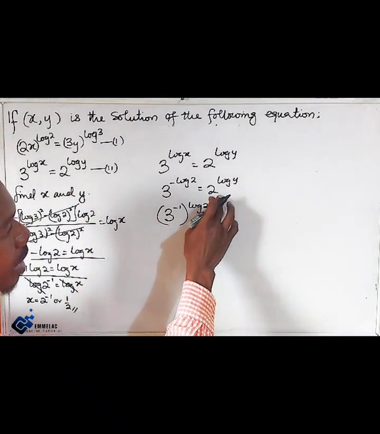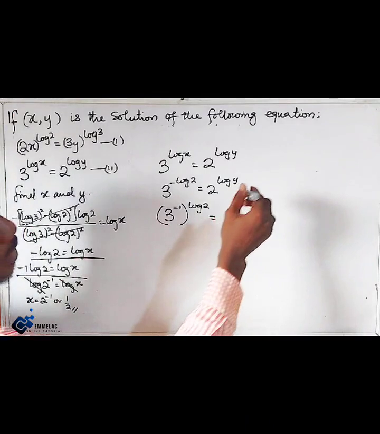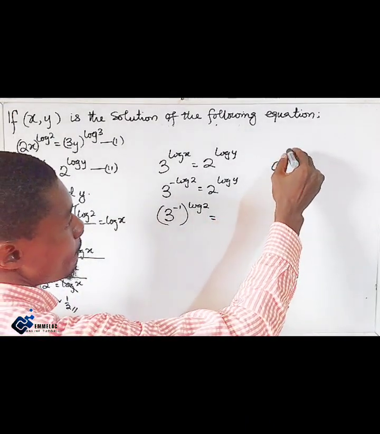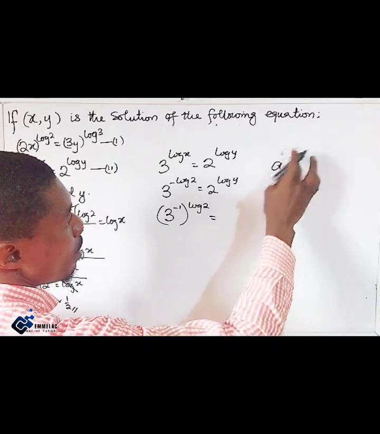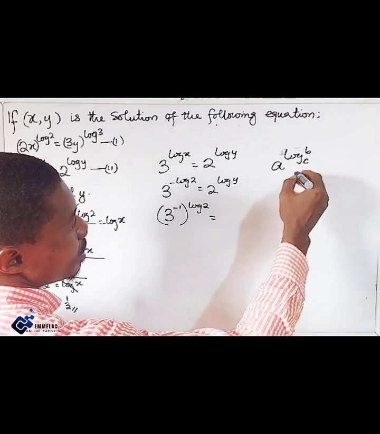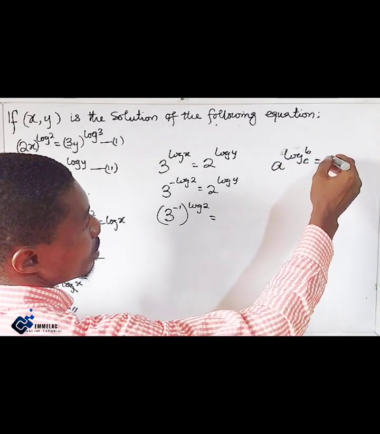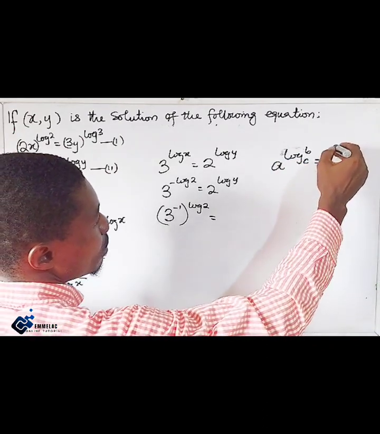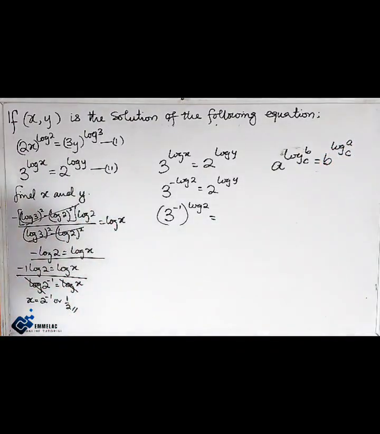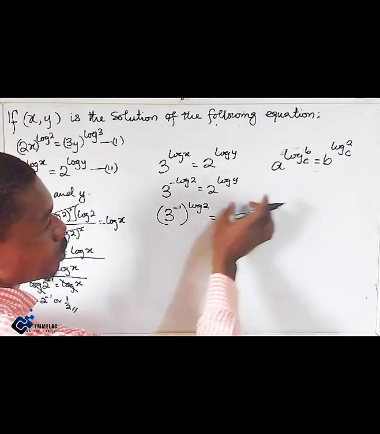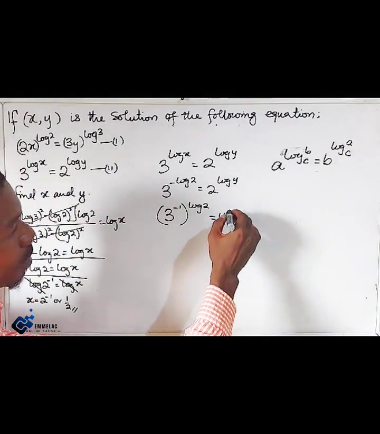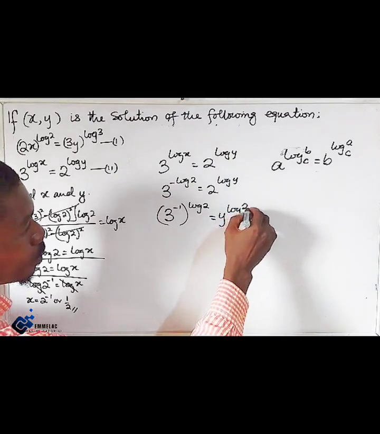Then now a rule in logarithm: if you have a to the power of log b c, this can be b raised to the power of log a c. Now let us apply this rule here. So here we have that y will now be log 2.